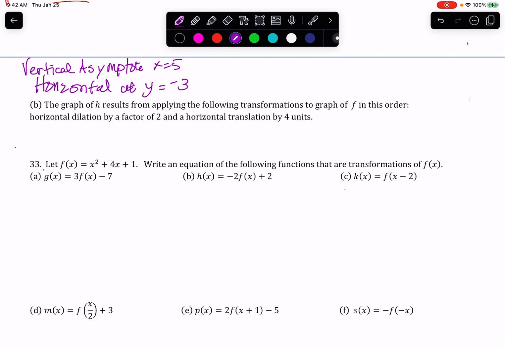So the graph of h results from applying the following transformations. A horizontal dilation by a factor of 2, and a horizontal translation by 4 units.